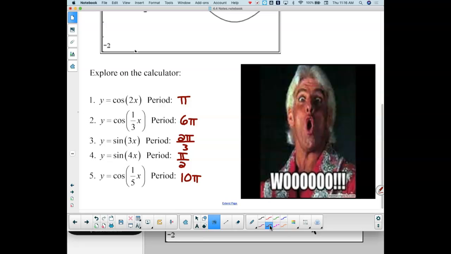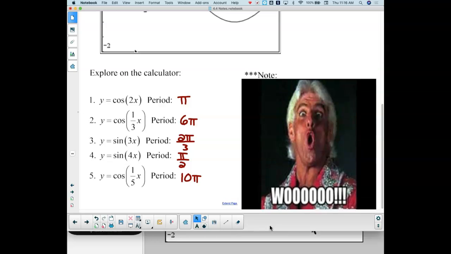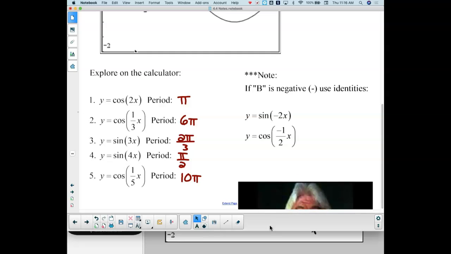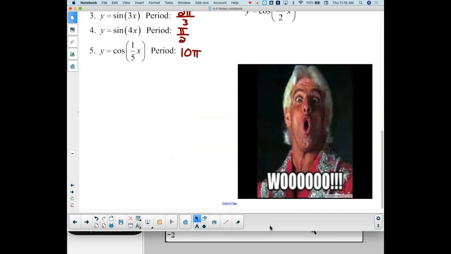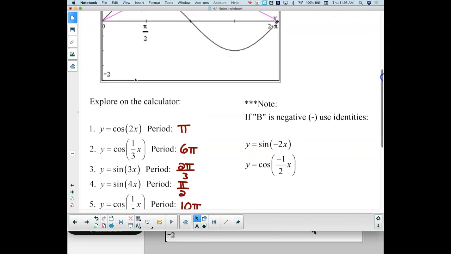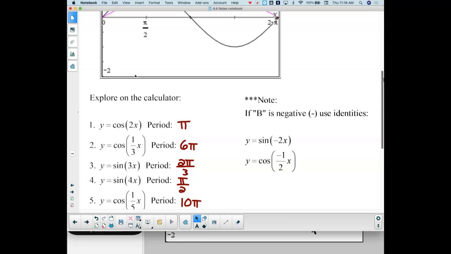Okay? Now, underneath the 16-time World Heavyweights Champion is a couple of notes about negative b values. So if b is negative, we have to go back to our identities. You should have with you an identities sheet. That's the sheet we will be referring to when b is negative.